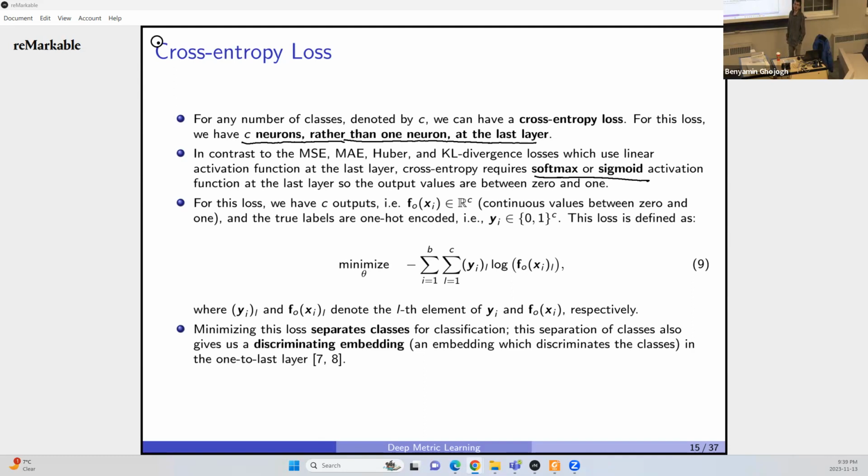Now consider I have 2 classes. I have 2 options now. One option is that I use 2 neurons at the end, and again I use softmax activation function and cross entropy. But usually people do another thing when we have 2 classes. What do we do? Rather than 2 neurons, you can have only 1 neuron, because the probability that I am in class 1 is 1 minus the probability that I'm in the other class, right?